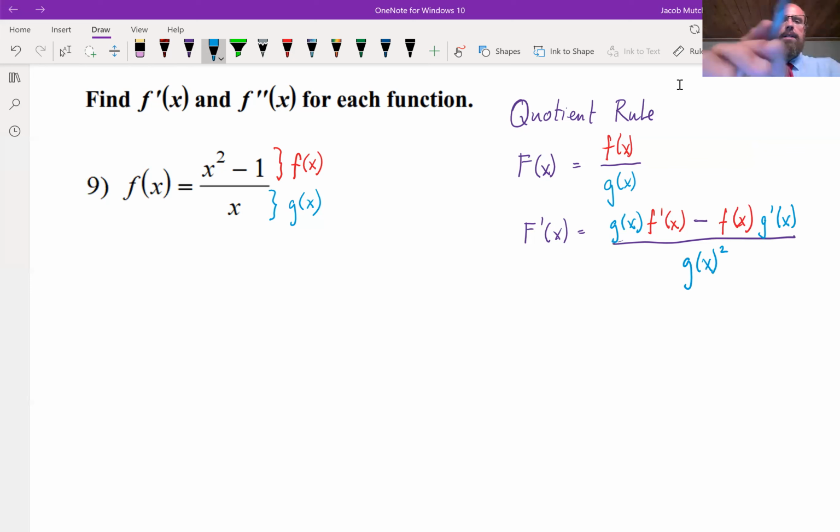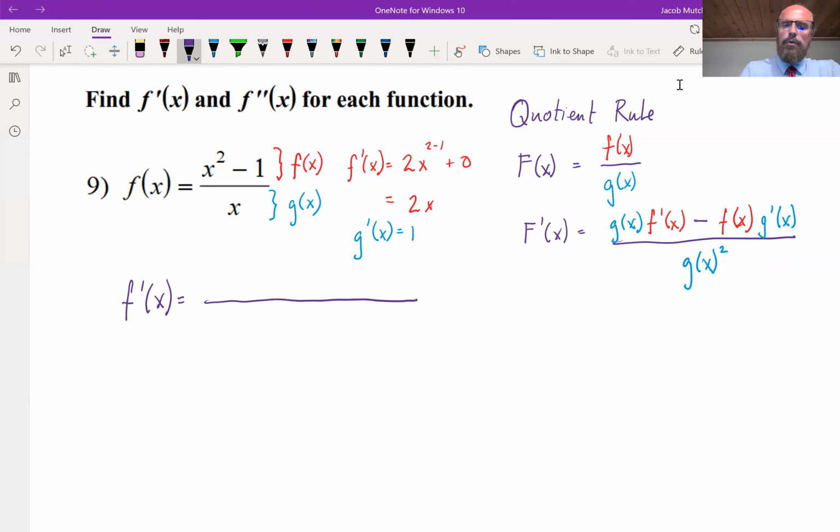So let's apply these two pieces and then find our first derivative. If f of x is x squared minus 1, its derivative is going to be 2x to the power of 2 minus 1 plus 0, or just 2x. The derivative of g of x, if its original is x, will be just 1. So let's set up the first derivative of this fraction.